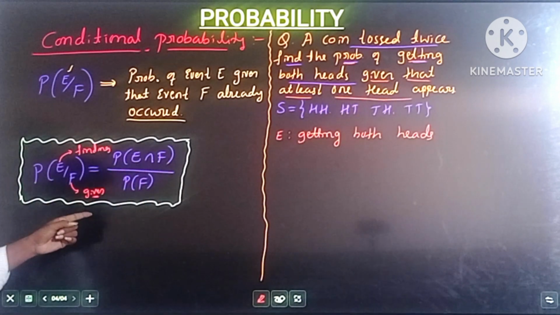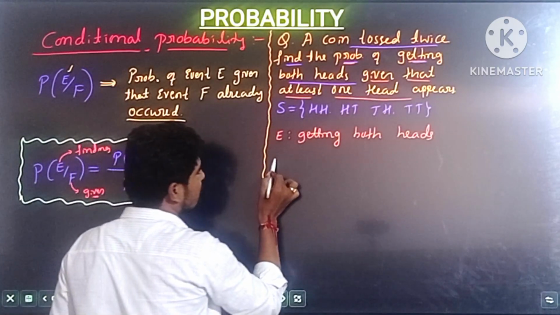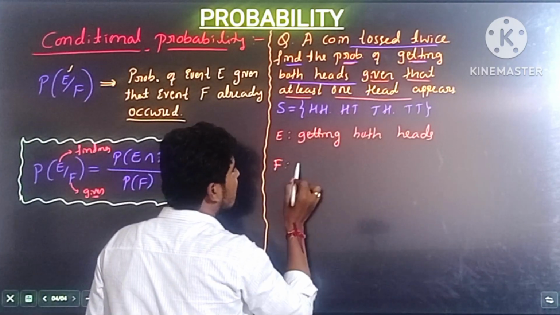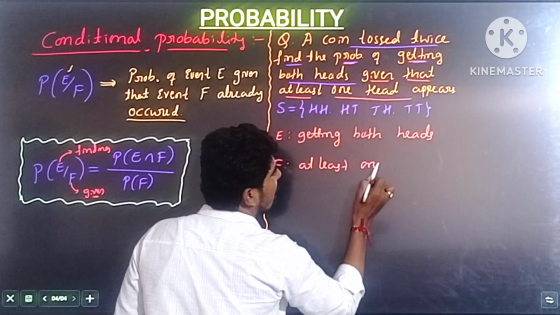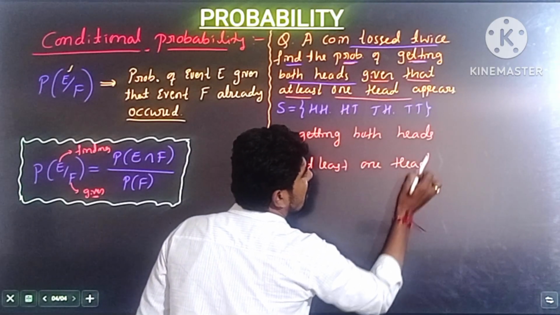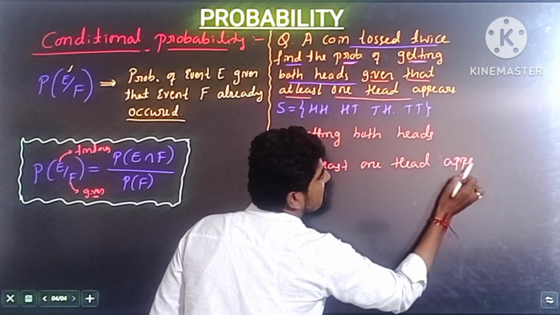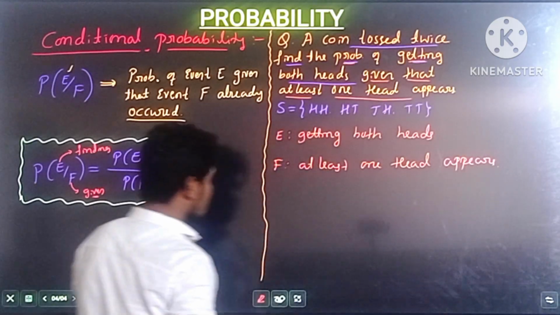So the given event is F, which is at least one head appears. The outcome of the event E, getting both heads, is the only possibility HH.